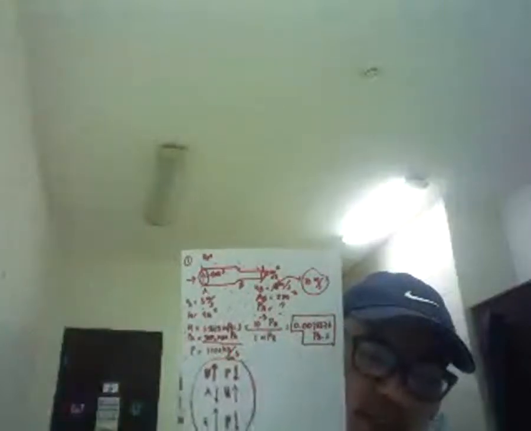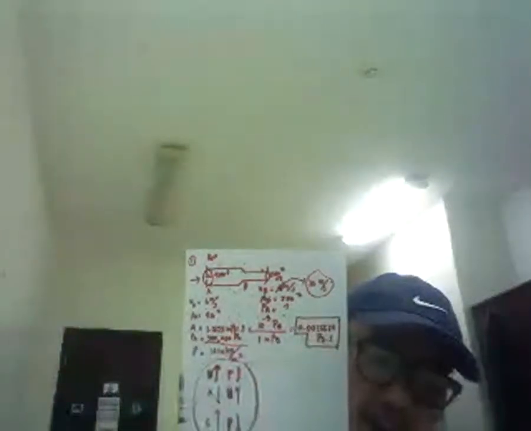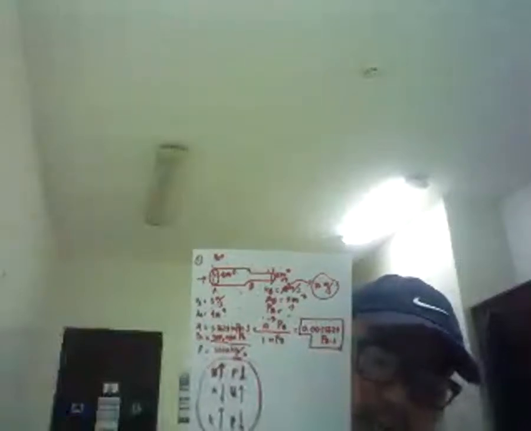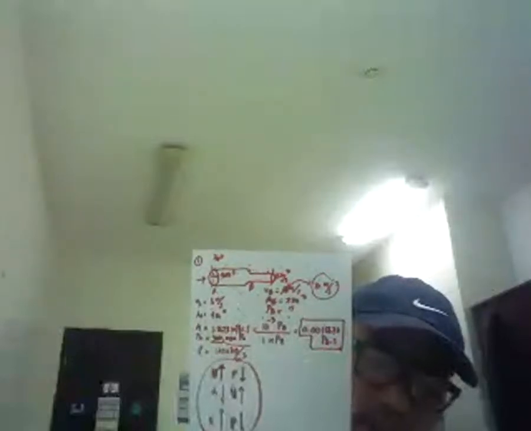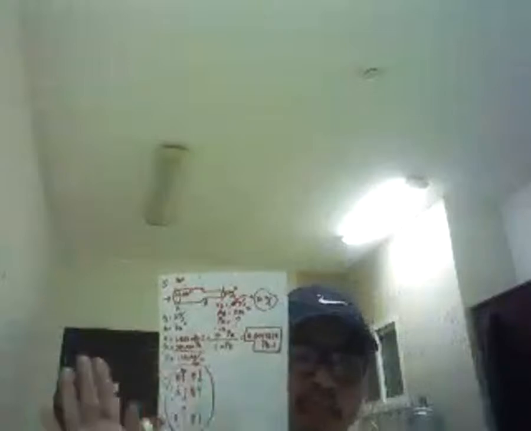So we need to compute area 1, pi, diameter 1 raised to the power 2 over 4, and area 2, pi, diameter 2 squared over 4. 2 means B, 1 means A. Substitute it here.